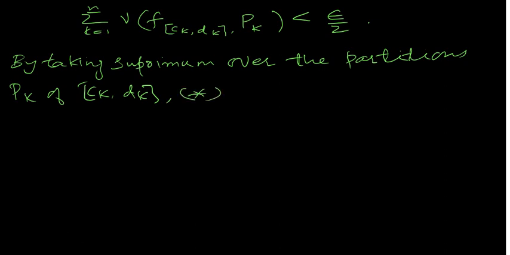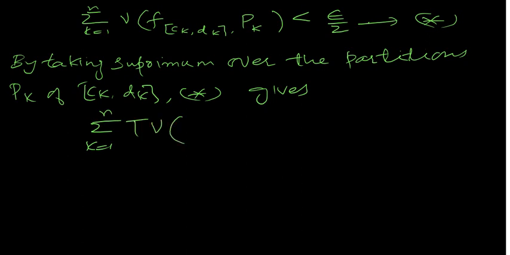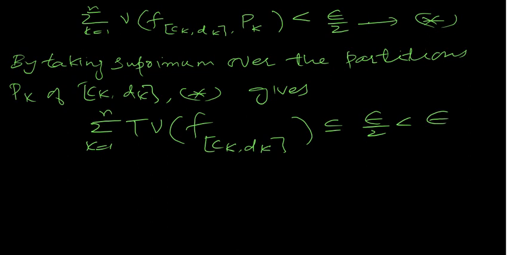This star gives, let's name it star, a summation k runs from 1 to n of the total variation of the function f over the interval (ck, dk) that is less than or equal to epsilon by 2, and that's strictly less than epsilon.